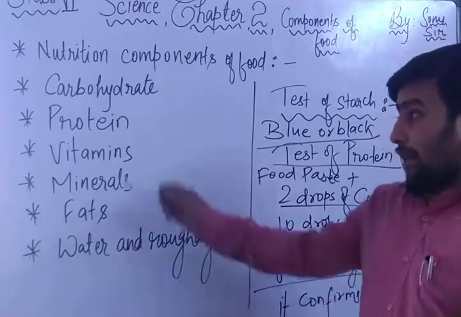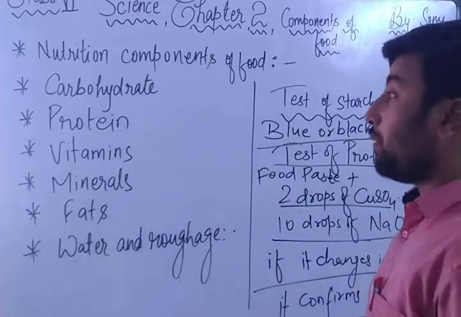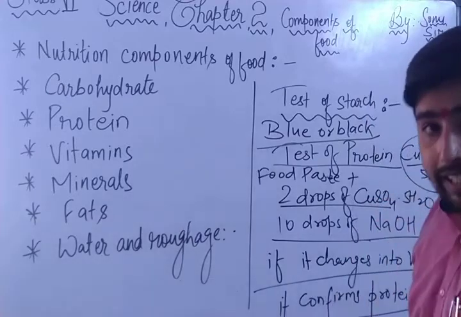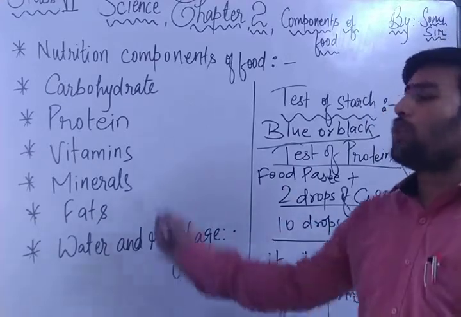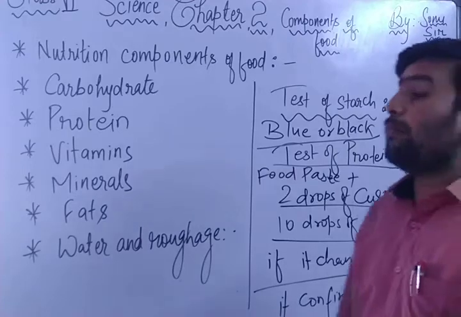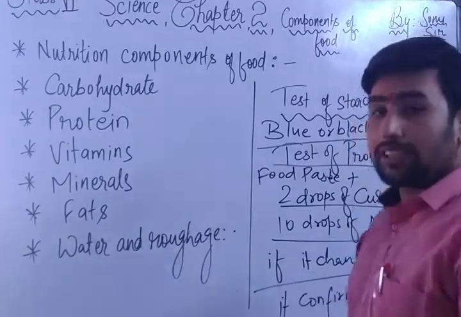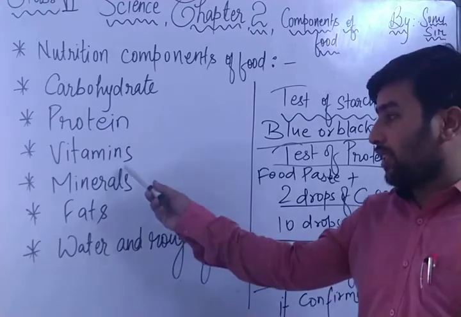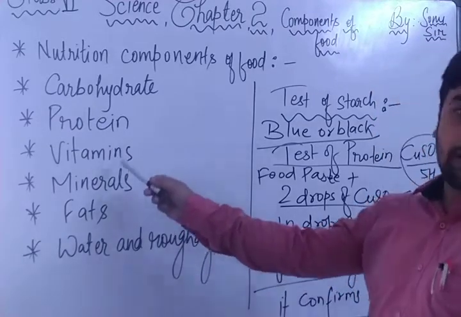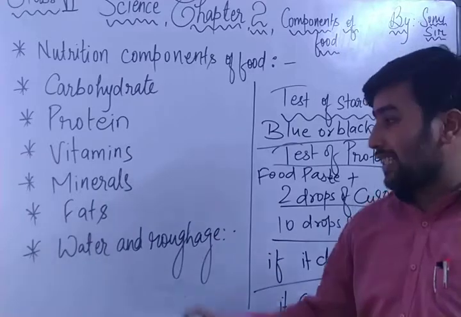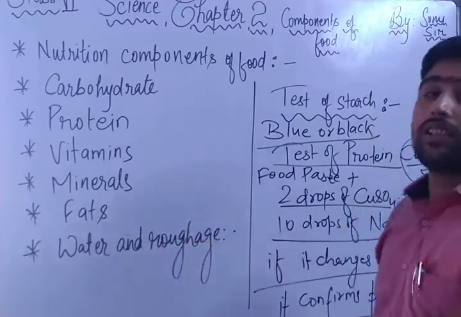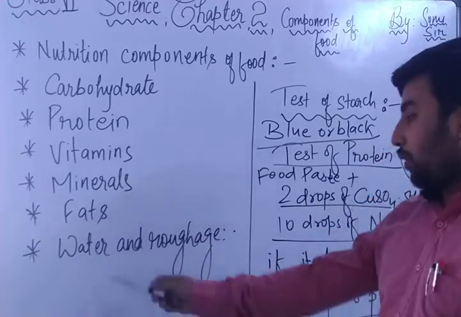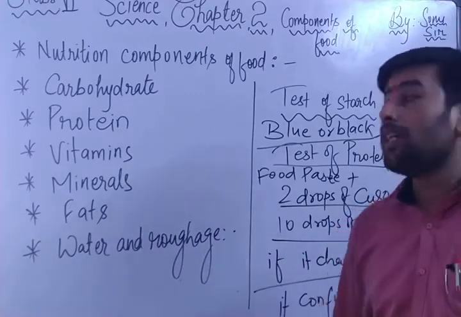Remember, 60% must be in our balanced diet. It comes from rice, chapati and potato. Protein: pulses, milk, egg. Vitamins and minerals: all the spices and vegetables. Vegetables, vitamins, minerals, spices, salts, etc. Fats: oil-containing substances. Water: the RO water which we drink. And roughage comes from salad.